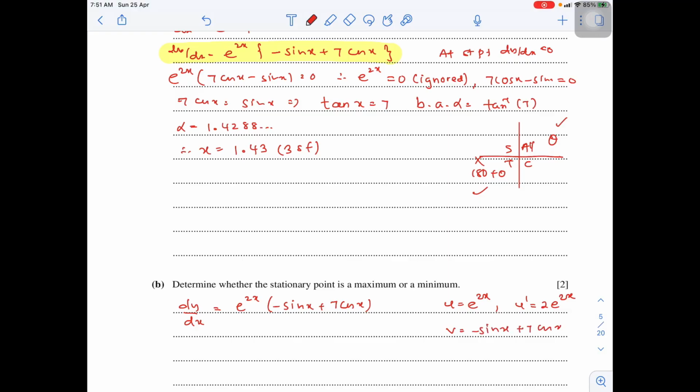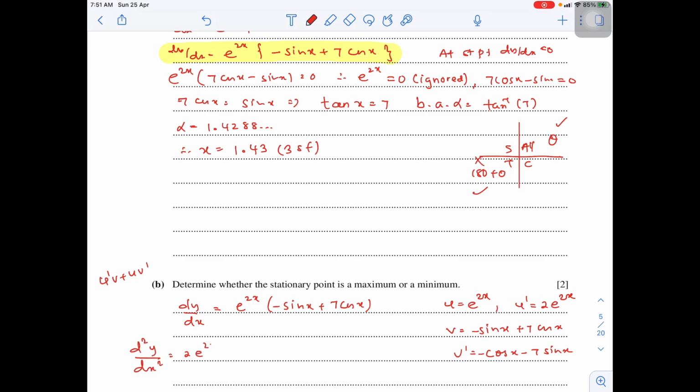Again, I'm writing u is e to the power 2x, so u dash will become 2 e to the power 2x. V is negative sine x plus 7 cos x, so v dash becomes negative cos x minus 7 sine x. Remember, differentiation of sine is positive cos and cos is negative sine.